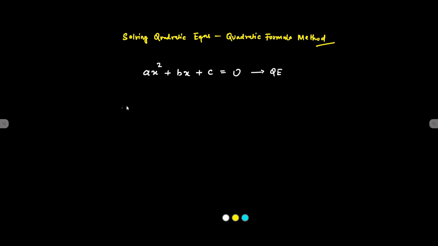Okay, now let us say we write it as, that implies ax square plus bx is equal to minus c. Okay, we do this, ax square plus bx is equal to minus c, and then we divide a on both sides.